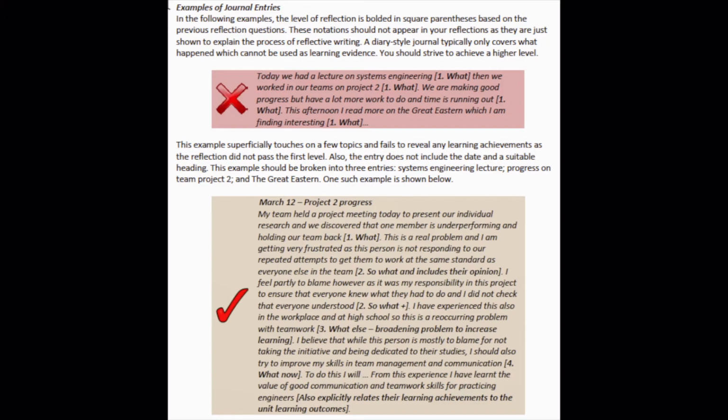And to allow them to see that, we've initially included an example of a student work that we thought was very good, and added some comments that showed where the student progressed from the first stage of reflection onto the second, third, and so on. And this will allow the students to see how you can progress through the reflective writing process.